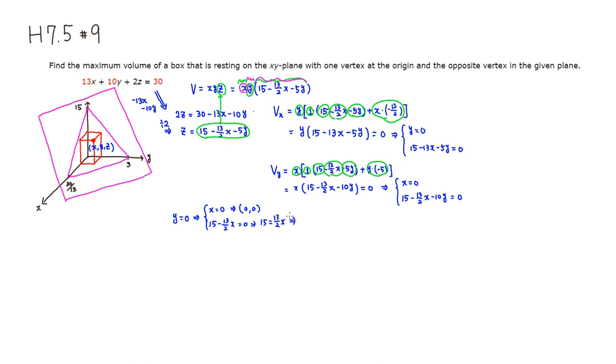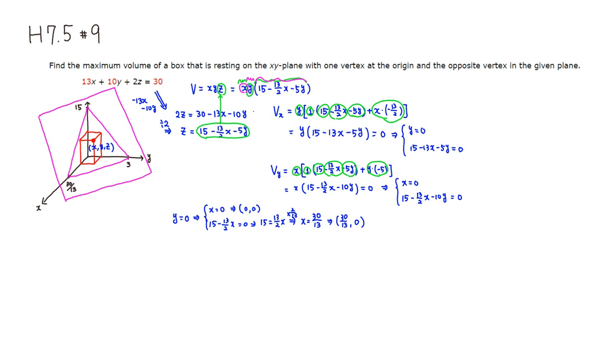Then I'm going to multiply both sides by 2 over 13. So x is equal to 30 over 13. So we get another critical point, which is x is 30 over 13, comma, y is 0. So we got the two critical points, right?